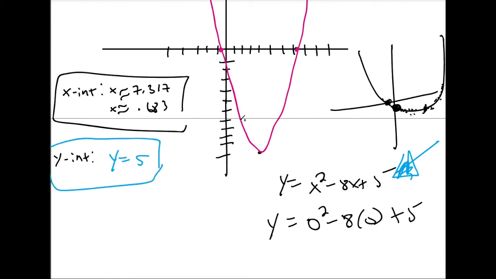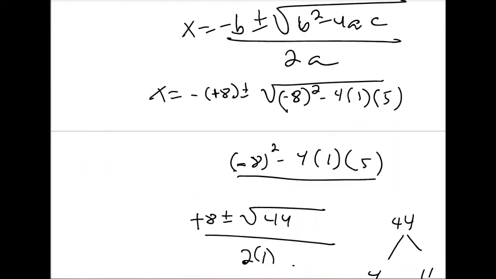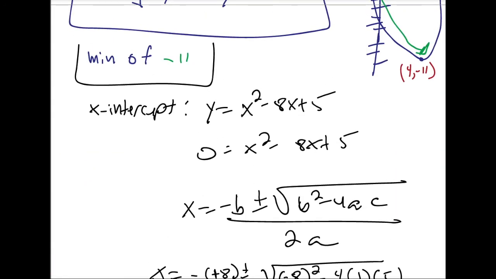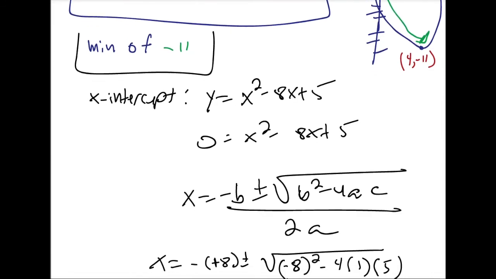Which means that my graph isn't quite right. I need to technically cross at 5, right there. Actually, wait a minute. Does that even make any sense? Does this look like 5 to you? 1, 2, 3, 4. Wait, how is this 5?